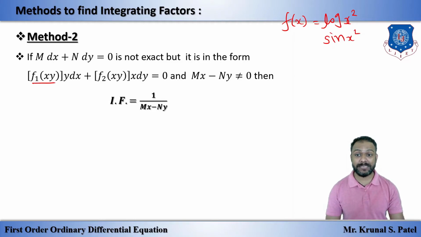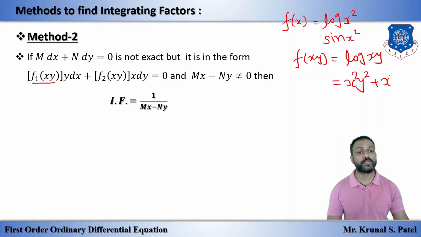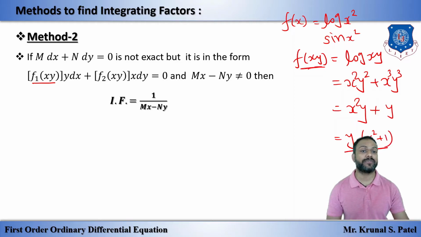But here it asks for function of xy, which means you have to write xy together, like xy, or you can write x square y square plus x cube y cube, but you cannot write x square y. If we have x square y and y, then we can take y outside, so we have x square plus 1, even though this is not a function of xy. We need a function of xy.